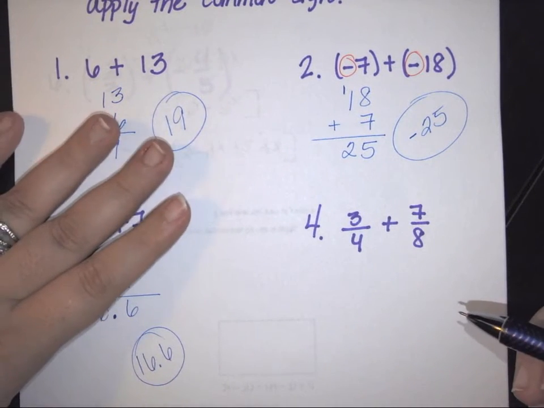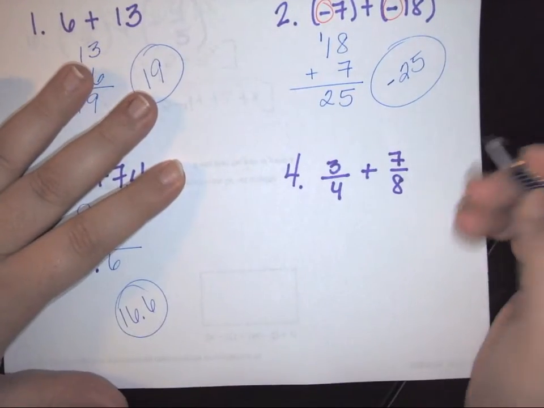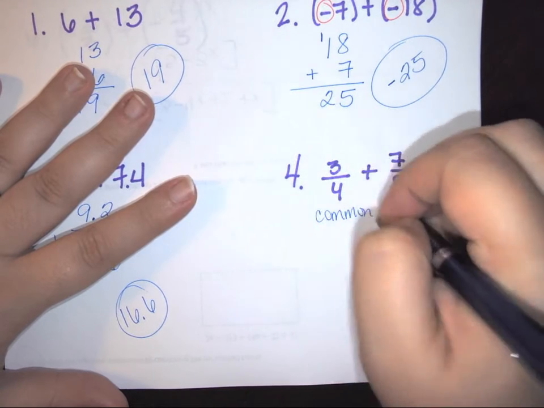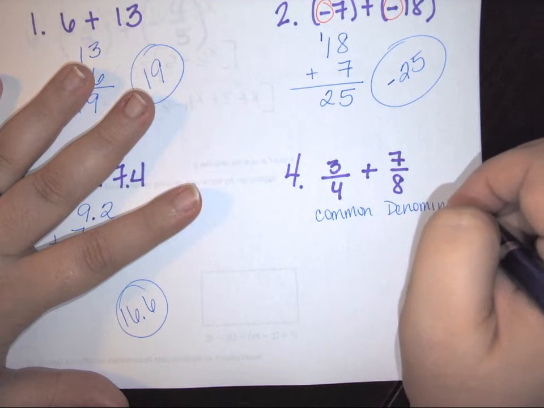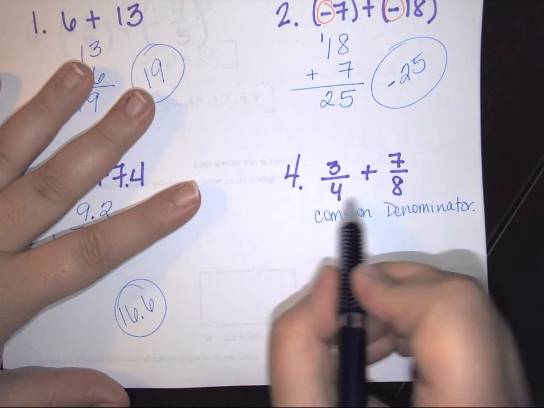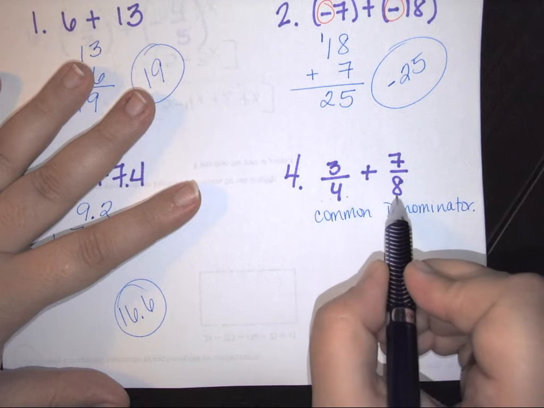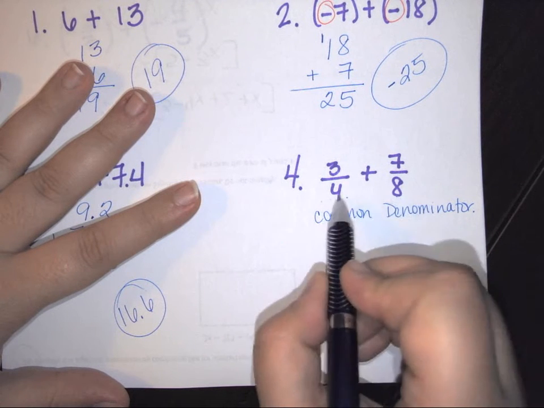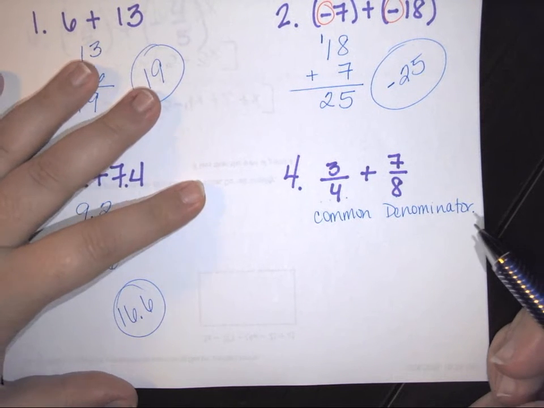Now I also have a fraction. So remember, when you're dealing with fractions, you need to have a common denominator. You find that by looking at your two denominators and deciding what they have in common with each other. So you're going to look at the 8, and you're going to look at the 4, and ask yourself, how do 8 and 4 match?